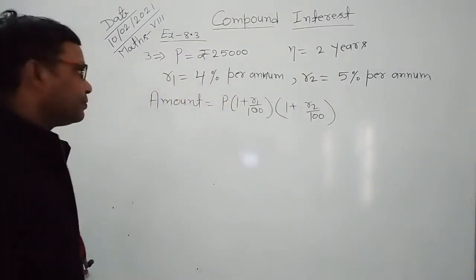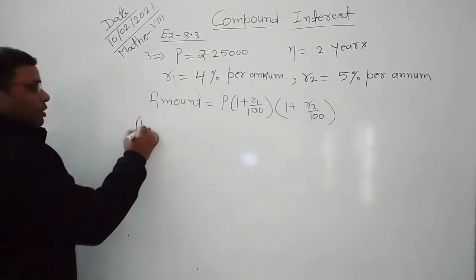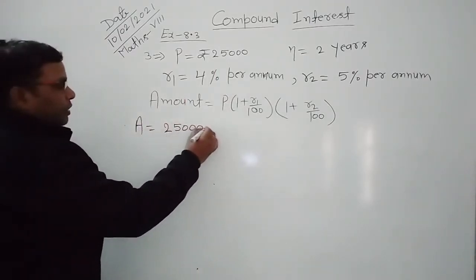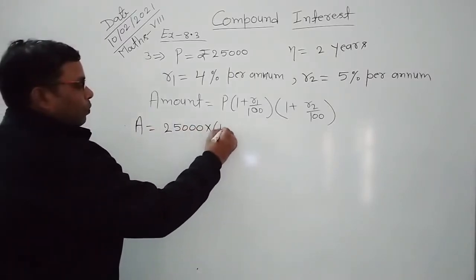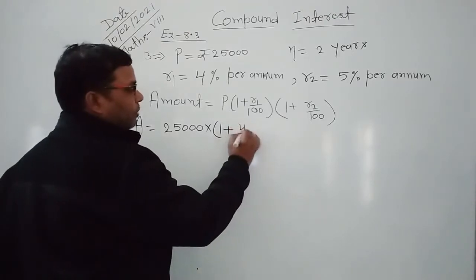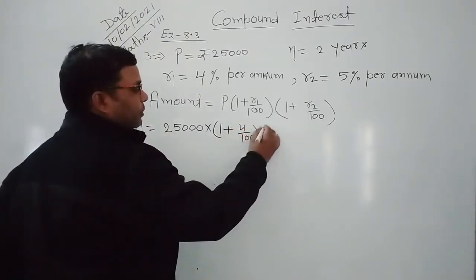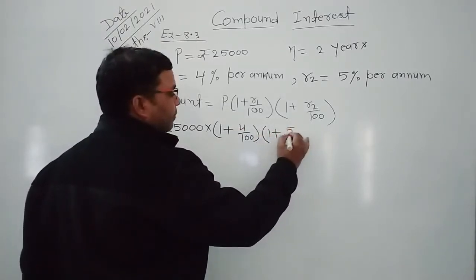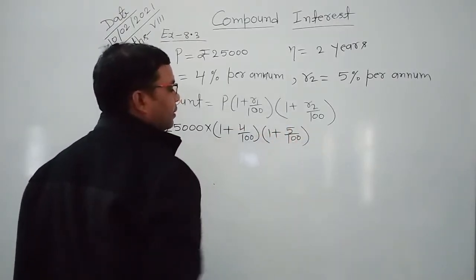So here you put the value of P, this is equal to 25,000, into 1 plus R is given here 4%, 4 by 100, into 1 plus R2 is 5 by 100.